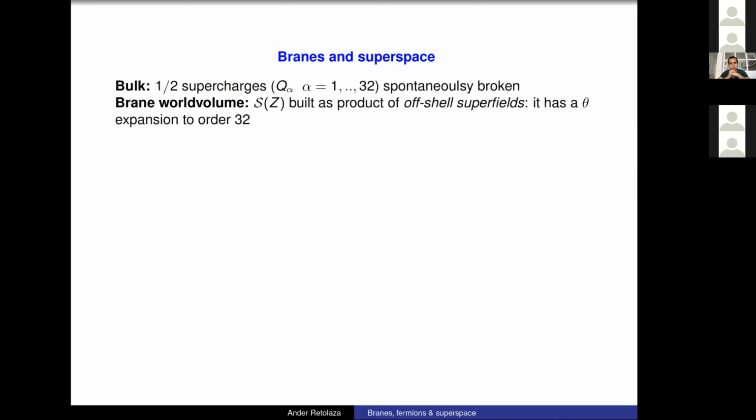And if you remember, a product of superfields is a superfield itself. So the brane action is a superfield, okay? And because we're considering superfields that are off-shell, the brane action is going to have a theta expansion that will go up to order 32.